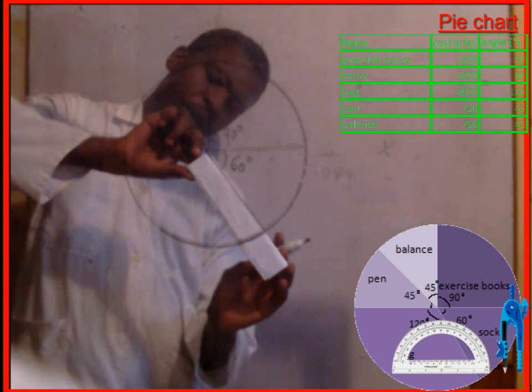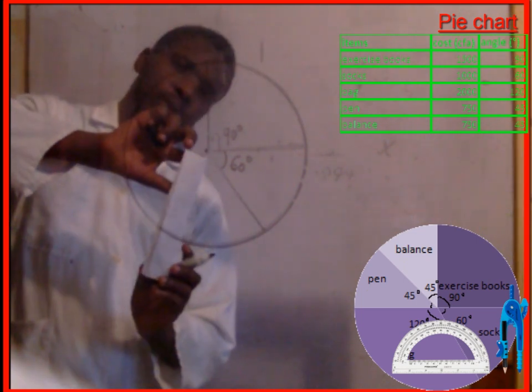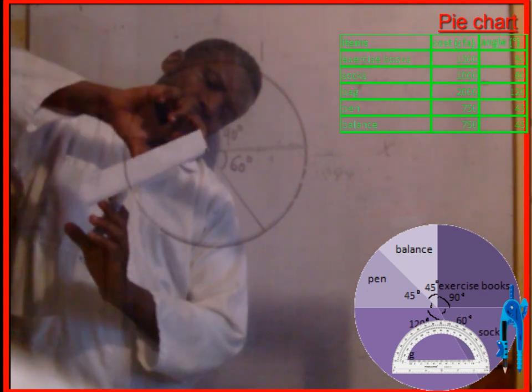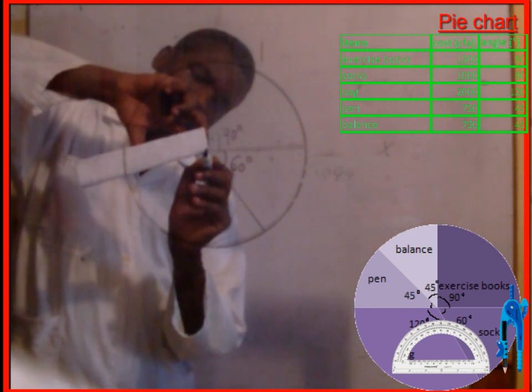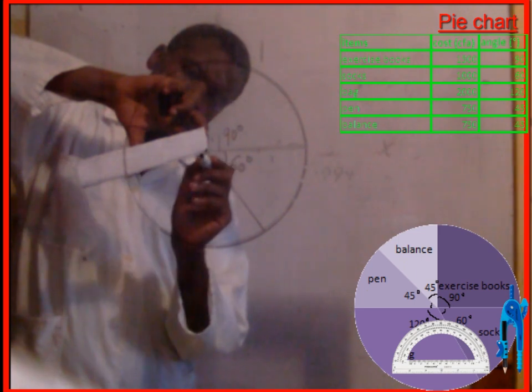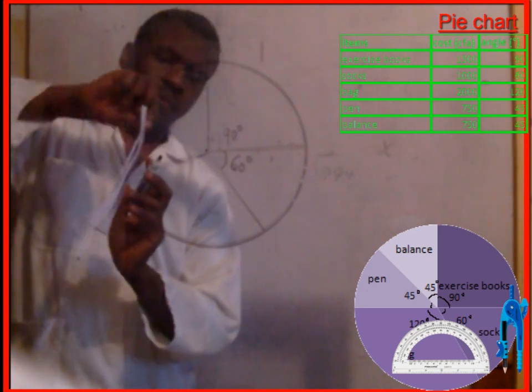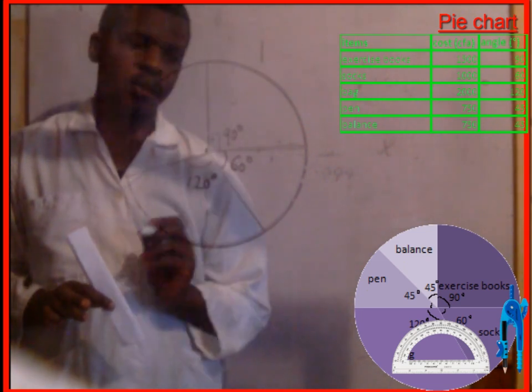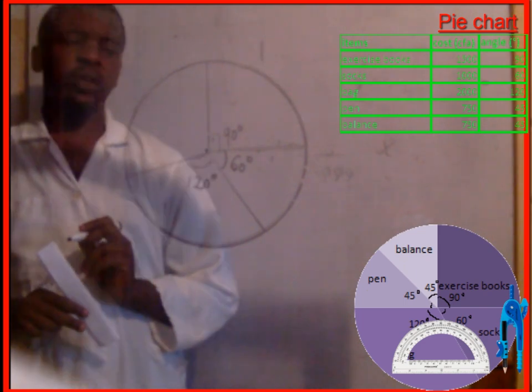So I use my compass and measure 120 degrees. So this is 120 degrees. The next one measures 45 degrees from this line.